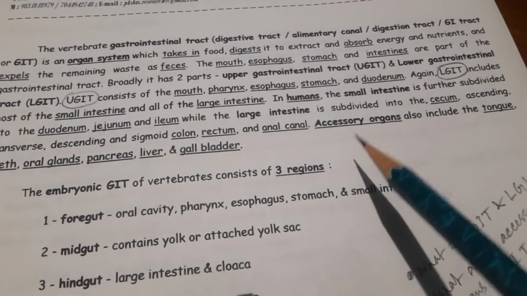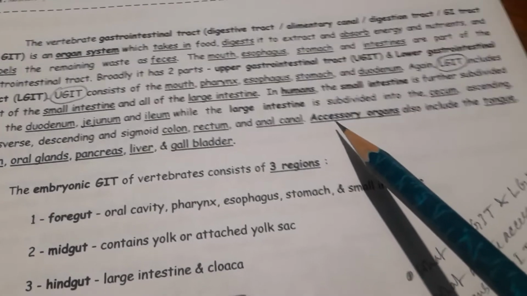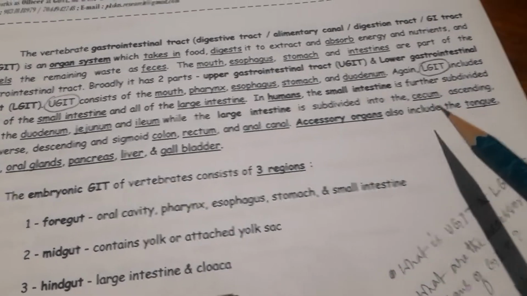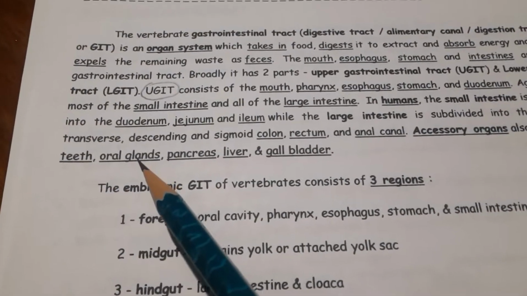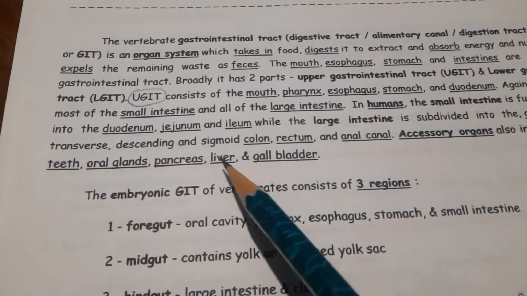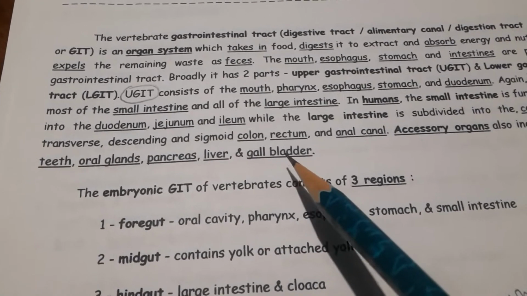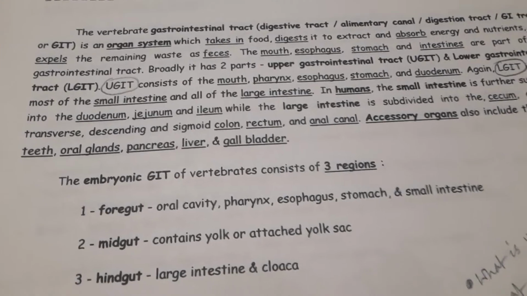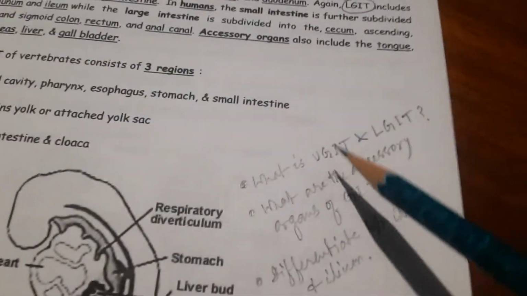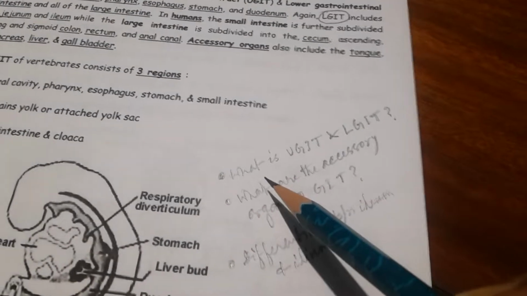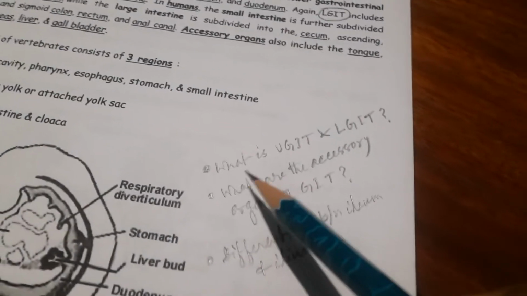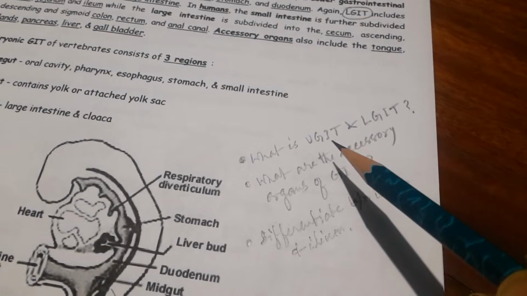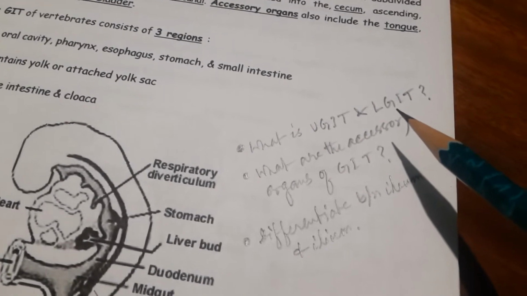This gastrointestinal tract also includes accessory organs, that is tongue, teeth, oral glands, pancreas, liver and gallbladder. I am discussing the gastrointestinal tract of vertebrates. Now, from this part the question may come: what is UGIT and LGIT?